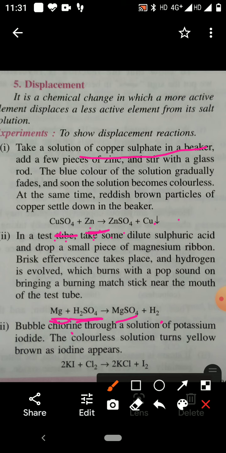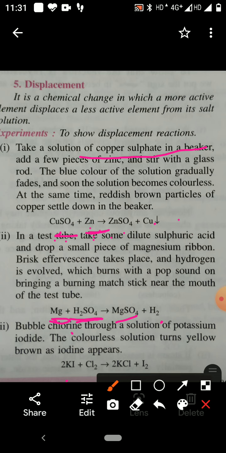The third example is the reaction between potassium iodide and chlorine. We are taking a colorless solution of potassium iodide.